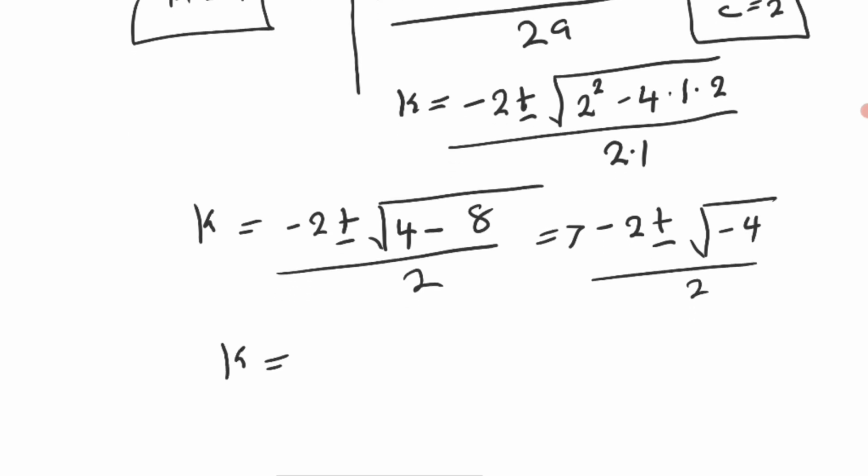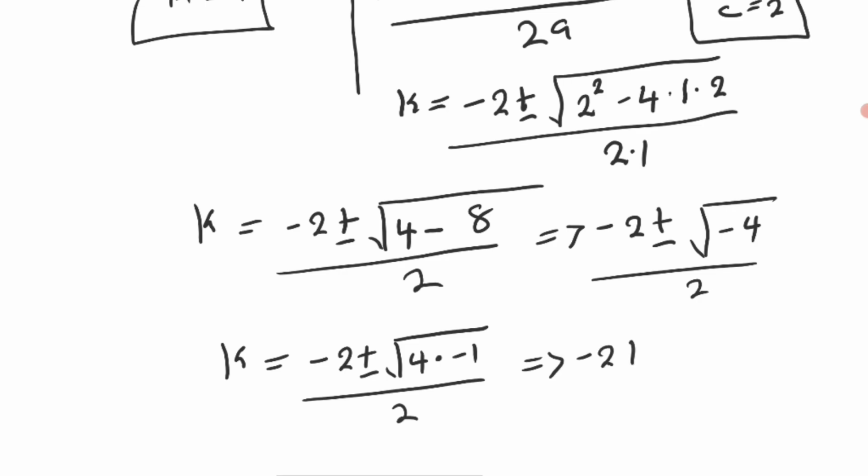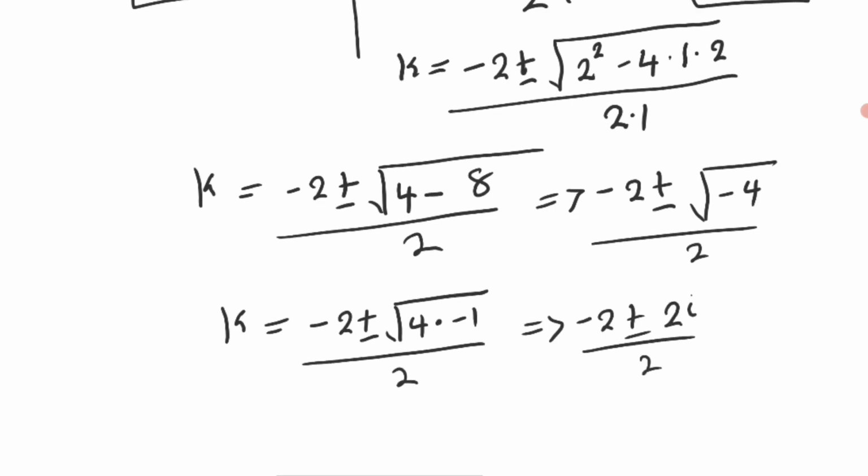K is equal to minus 2 plus or minus square root of minus 4, which can be written as square root of 4 multiplied by minus 1, over 2. And this is same thing as minus 2 plus or minus square root of 4 is 2, square root of minus 1 is i, over 2.